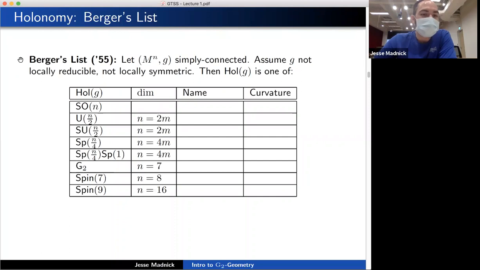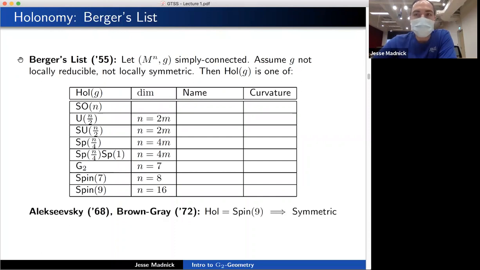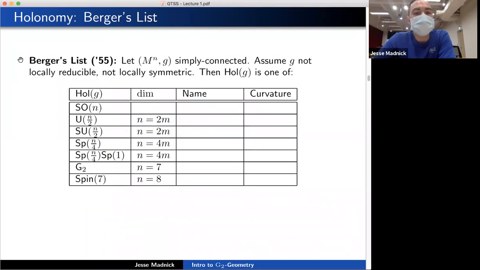Okay, and in fact, one of the first things to happen after this was a theorem of Alekseevsky and also by Brown and Gray, which says that if your holonomy is Spin(9), then in fact your metric is symmetric, and therefore Spin(9) shouldn't be on the list. So given that, it's reasonable to conjecture that maybe G2 and Spin(7) shouldn't be there either, and maybe the others also don't belong.